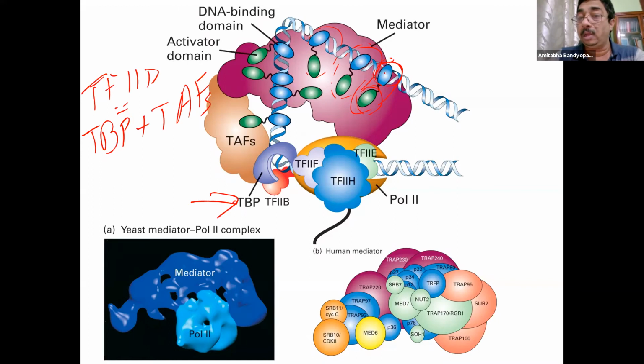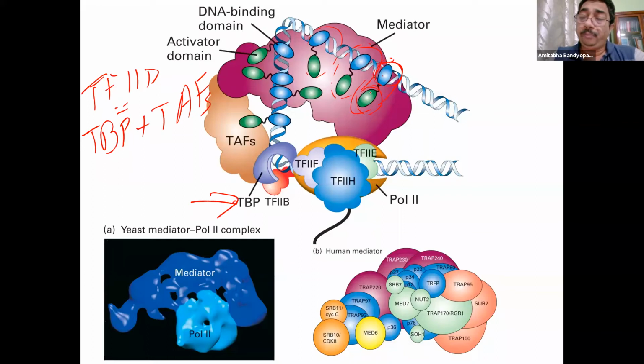That's how they are shown here: one blue ellipse, one green ellipse, and a little flexible region in between. So technically speaking, you can take the activation domain of one transcription factor and swap it with the activation domain of another transcription factor. The new hybrid transcription factor will act exactly like the transcription factor whose DNA binding domain you are using.